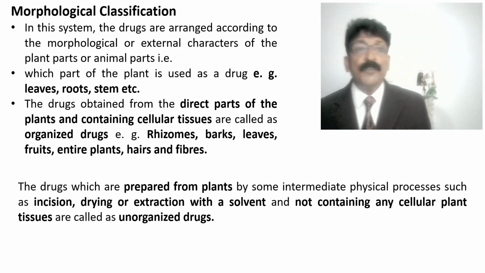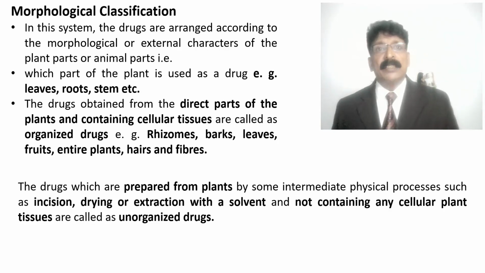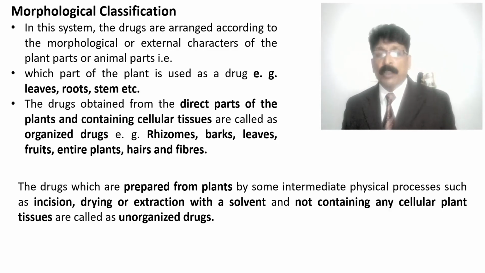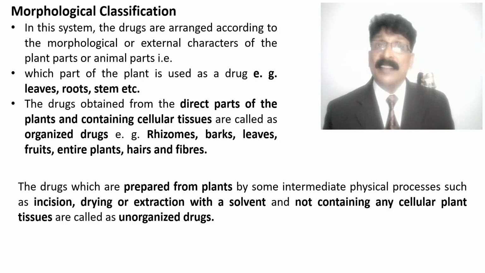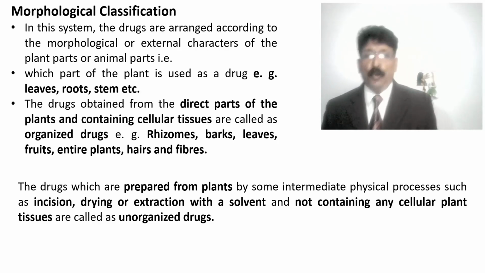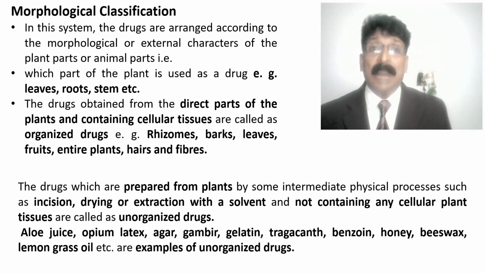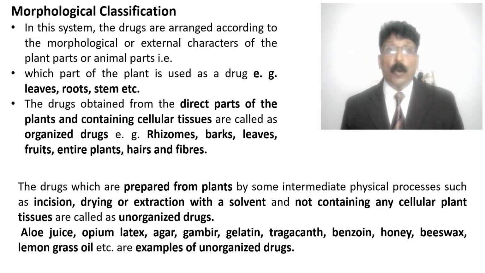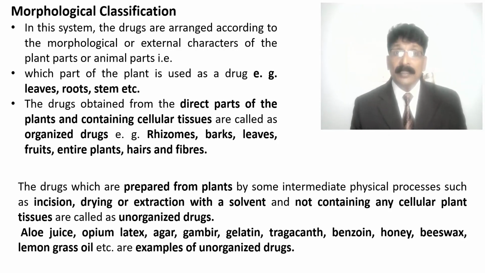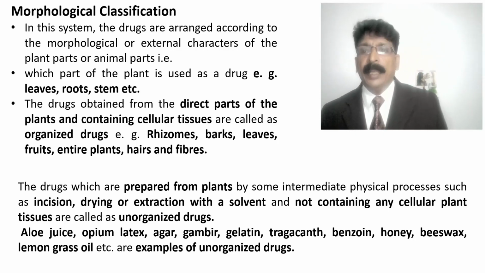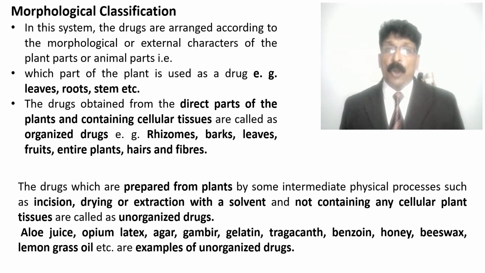The drugs which are prepared from plants by some intermediate physical process such as incision, drying or extraction with a solvent, and not containing any cellular plant tissues, are called unorganized drugs. Examples: aloe juice, opium latex, agar, gambir, gelatin, tragacanth, benzoin, honey, beeswax, lemongrass oil, etc. are examples of unorganized drugs.